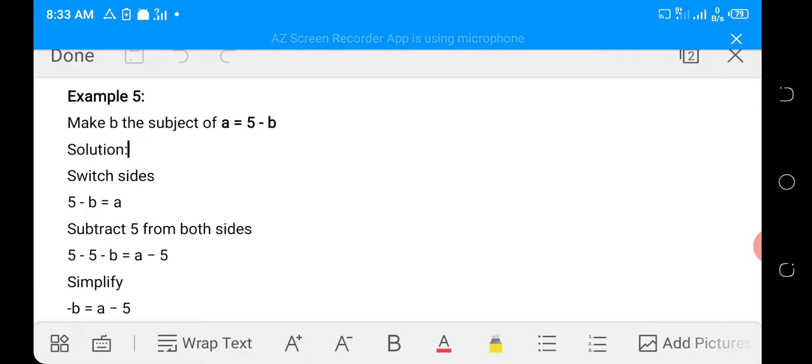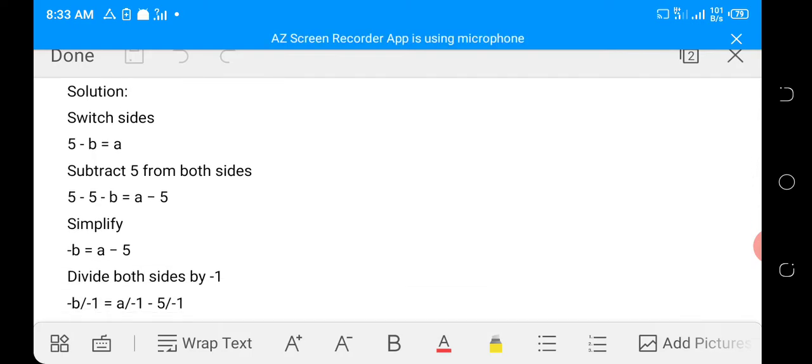Let's switch sides by rewriting the formula. It's going to be 5 minus b is equal to a. Then, in this one now, minus b is subtracted from 5 to give a.